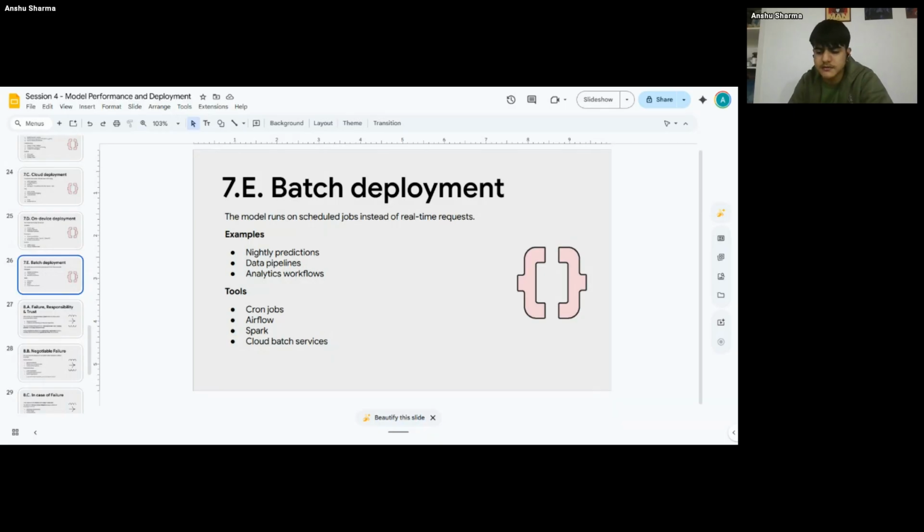Is that clear to all of you? Am I clear on the types of deployment?